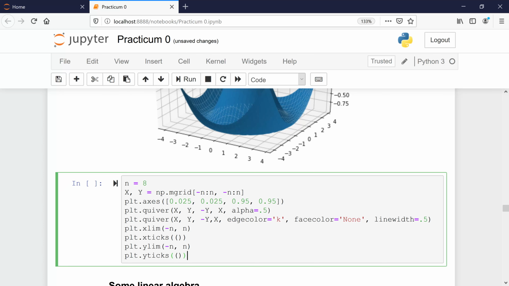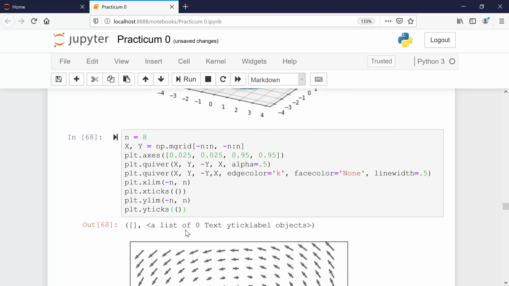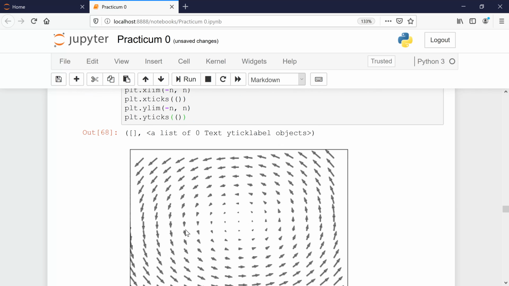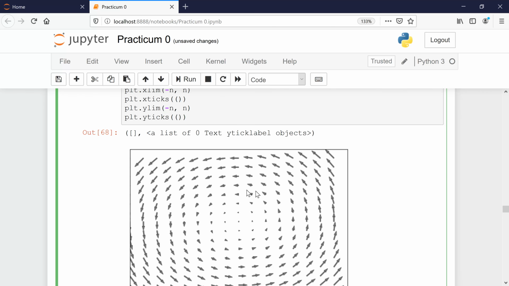And finally, to conclude this section, we can also plot vector fields by using the quiver plot, plt.quiver. It's the vector field whose components are minus y and x, so it's just a rotating field.